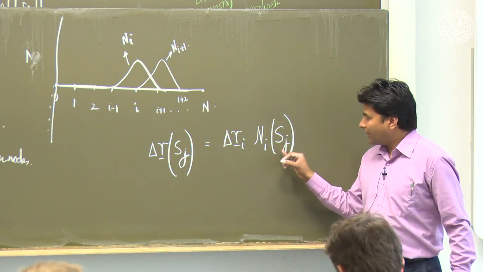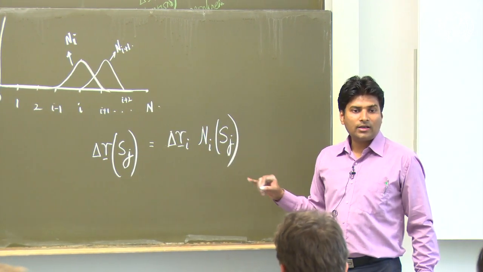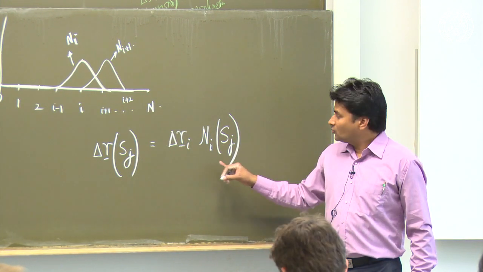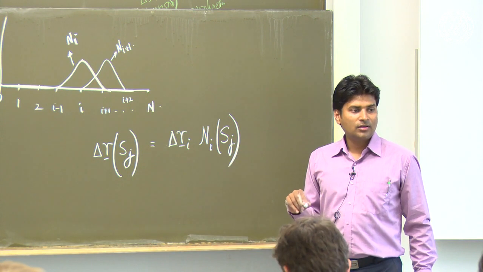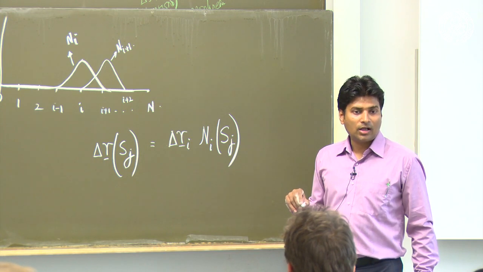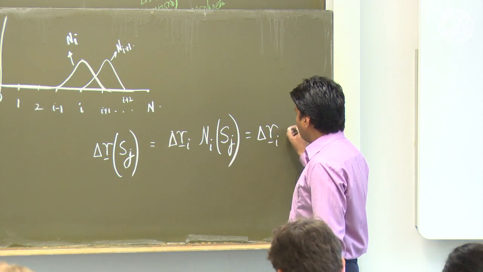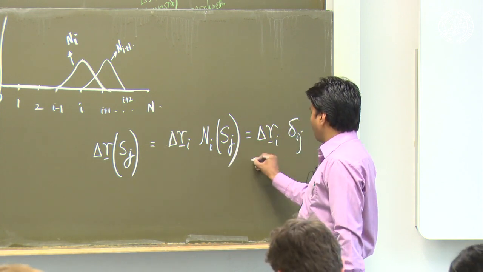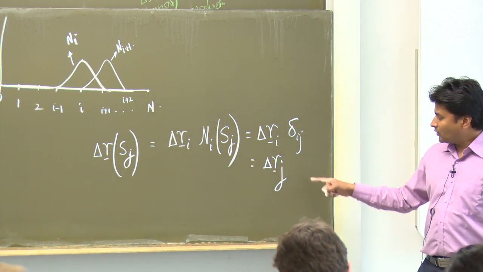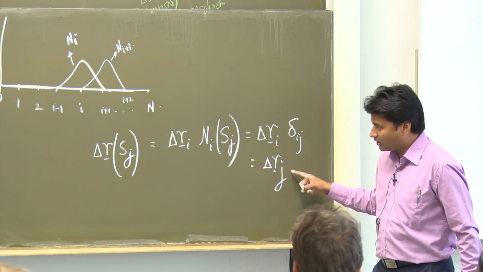But what is N_i of s_j? N_i is equal to 1 only at s_i, at node i, but it is 0 at all other nodes. So, N_i of s_j is 1 if i equals j, otherwise 0. So, it is delta_ij, Kronecker delta. So, that is equal to delta r_i times Kronecker delta_ij, which is same as delta r_j. So, what you see from here is that delta r at s_j is equal to delta r_j.